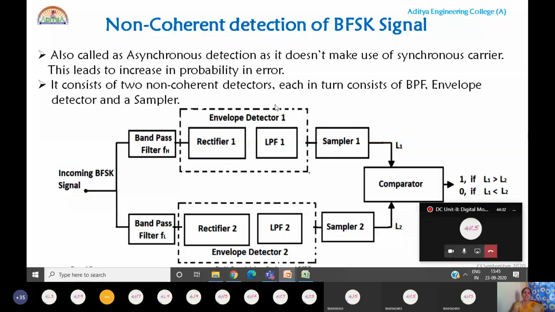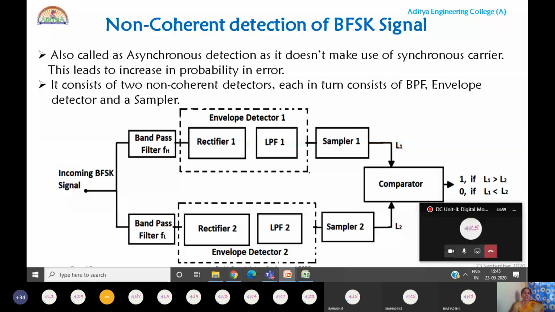What will this envelope detector do? It consists of a rectifier and a low pass filter. The rectifier consists of a diode. Under the forward bias condition, it will act as a short. Whenever there is no signal, it will be off. During the incoming signal, the signal will be converted into pulsating DC.